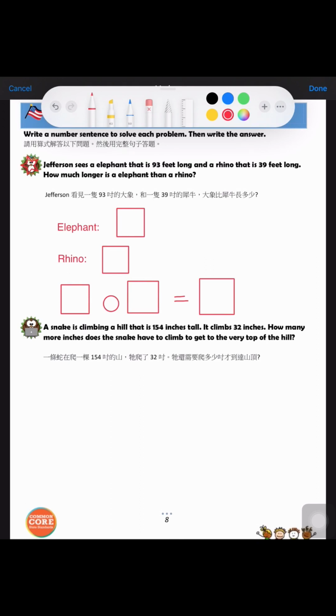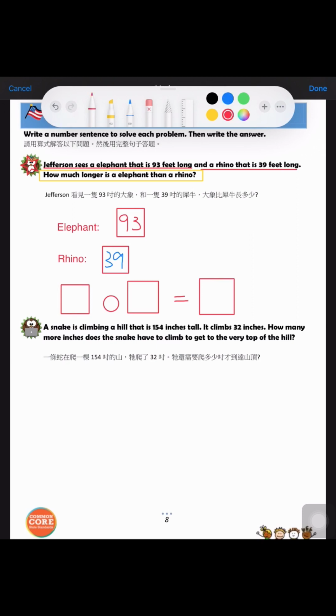Jefferson sees an elephant that is 93 feet long and a rhino that is 39 feet long. How much longer is an elephant than a rhino? So an elephant is 93 feet long and a rhino is 39 feet long. So who has a longer length?